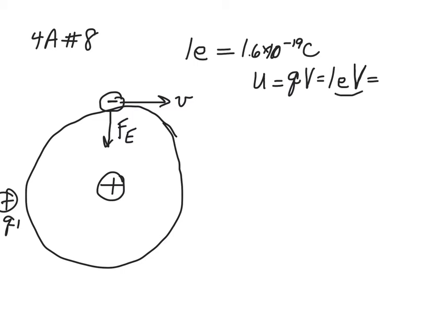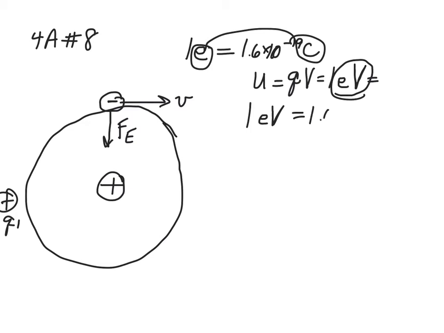So the electron volt, just like e is a small unit of charge, the electron volt is a small unit of energy of the same proportion.